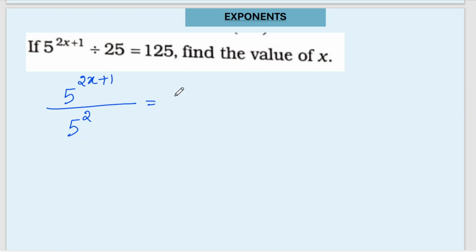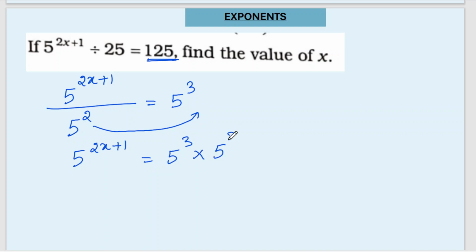Equal to 125. That I can write as 5 to the power 3. 125 can be written as 5 into 5 into 5, or in short we can write 5 to the power 3. So in 5 to the power 2x plus 1, see, if this is division, if it goes this side, it will get multiplied. So 5 to the power 3 into 5 to the power 2.